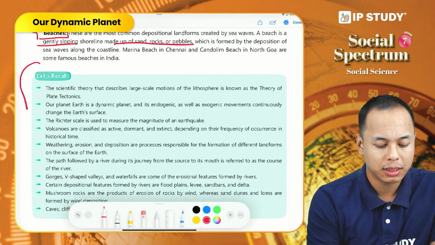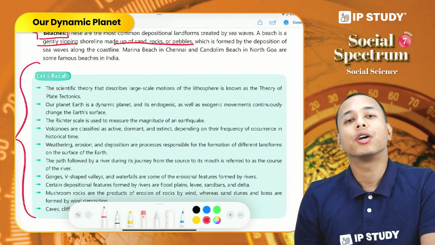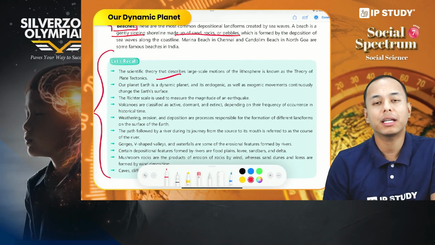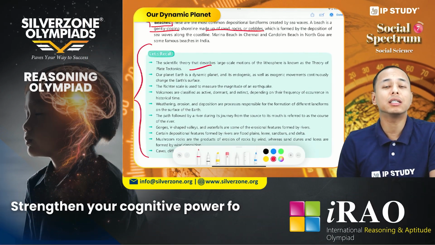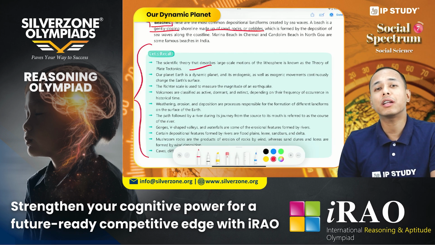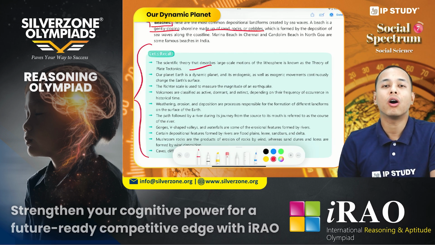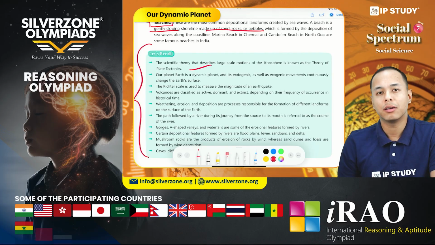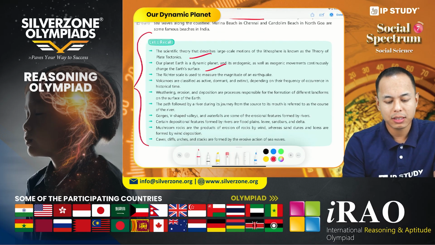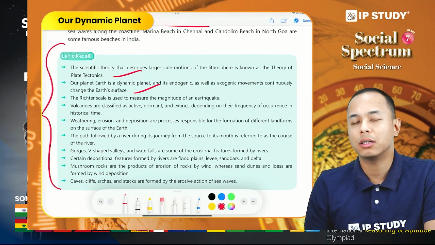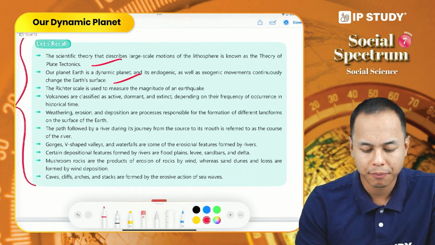So now let us revise a few important points that we have discussed in the lecture. Firstly, the plate tectonic theory states that the Earth's lithosphere is composed of several minor and major plates, and these plates are floating on the molten mantle. Okay. Second one is Earth is a dynamic planet, and two important forces that act on Earth are endogenic and exogenic.